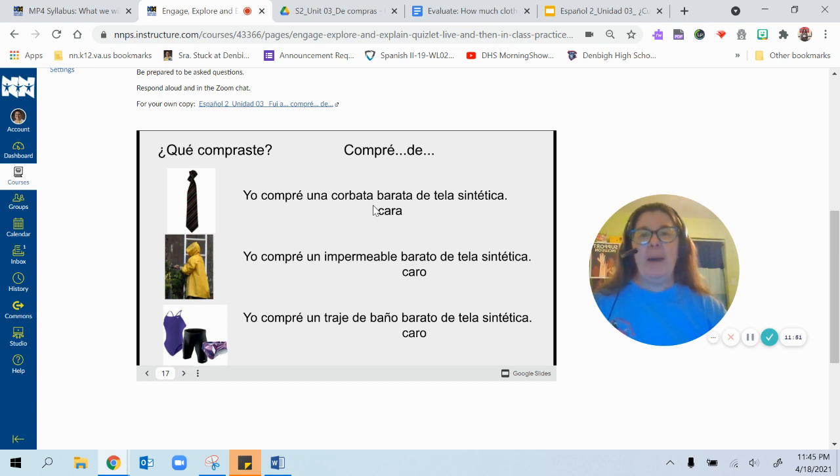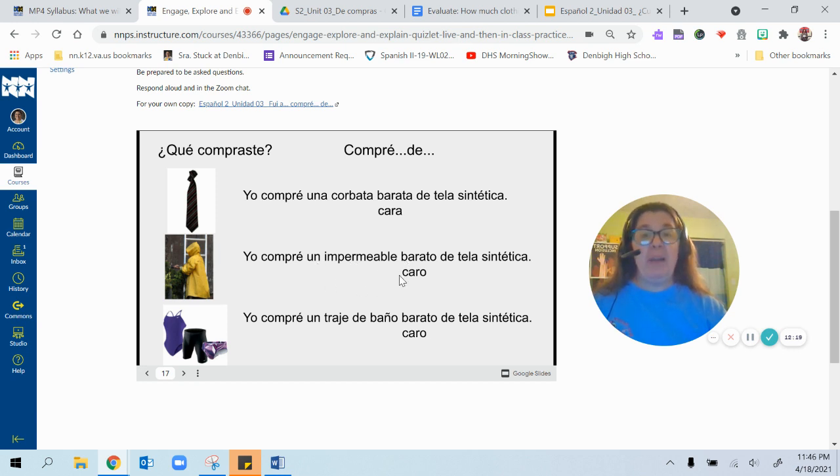Una corbata barata, a cheap tie. Una corbata cara, an expensive tie. Un impermeable barato, a cheap raincoat. Un impermeable caro, an expensive raincoat. Notice, una corbata barata. Una corbata cara. Un impermeable barato.